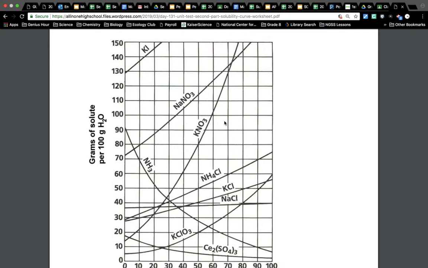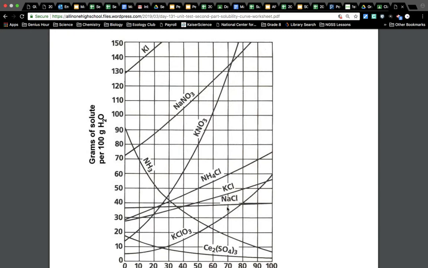But if we want one that's least affected, then we probably want to look for something that looks more like a straight line, or one with the least amount of slope possible. None of them really have a straight line, but if you look here, sodium chloride, NaCl, your table salt, it's pretty close to having a straight line.